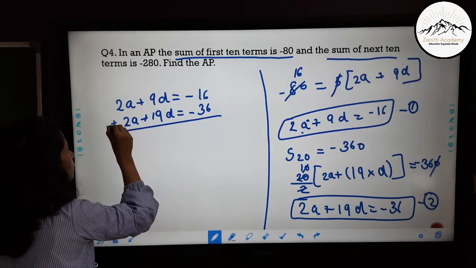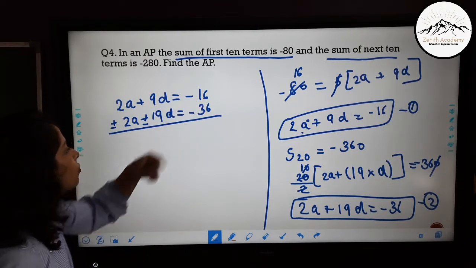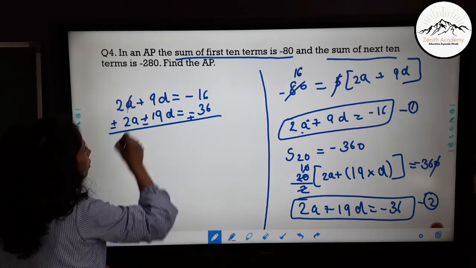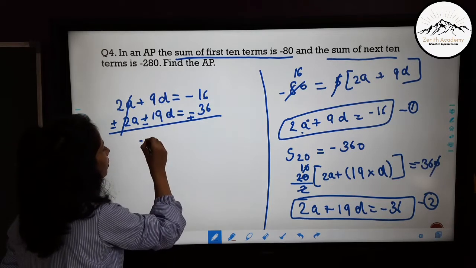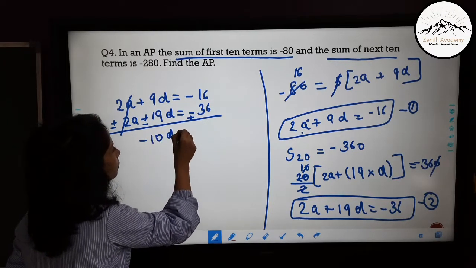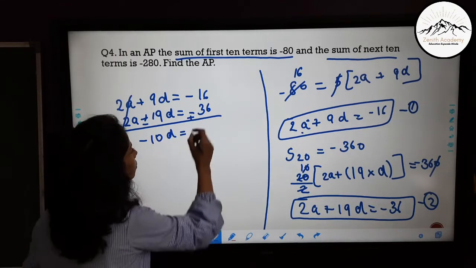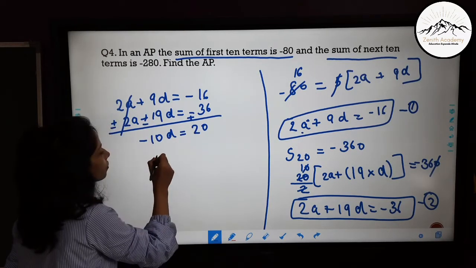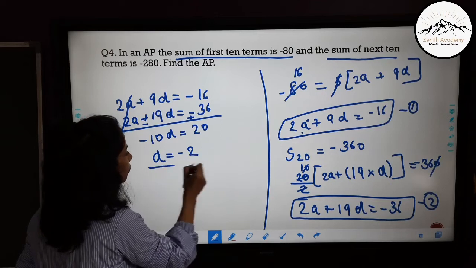When we subtract 2 from 1, we'll change the signs. 2a and 2a get cancelled. 9 minus 19d will give us minus 10d. Minus 16 plus 36 will give us plus 20. So our d will be equal to minus 2.